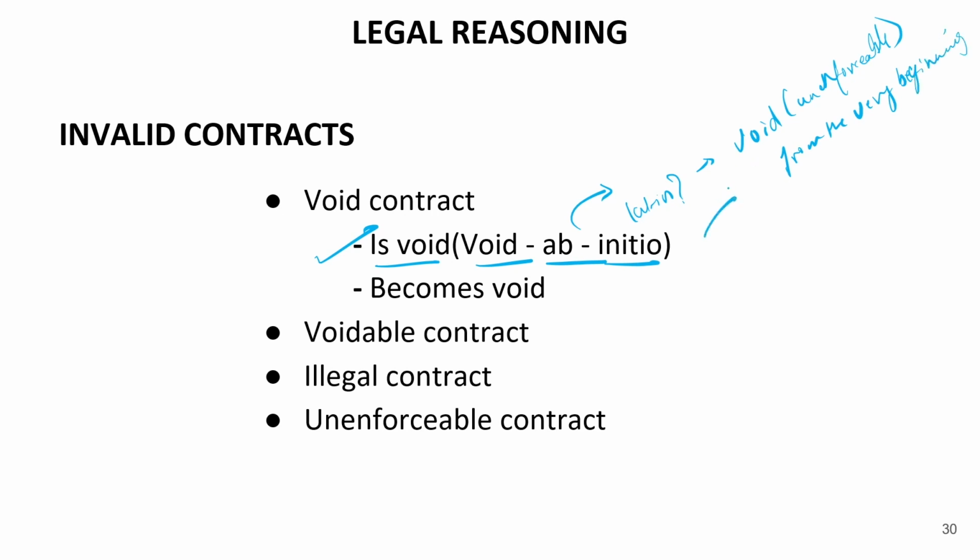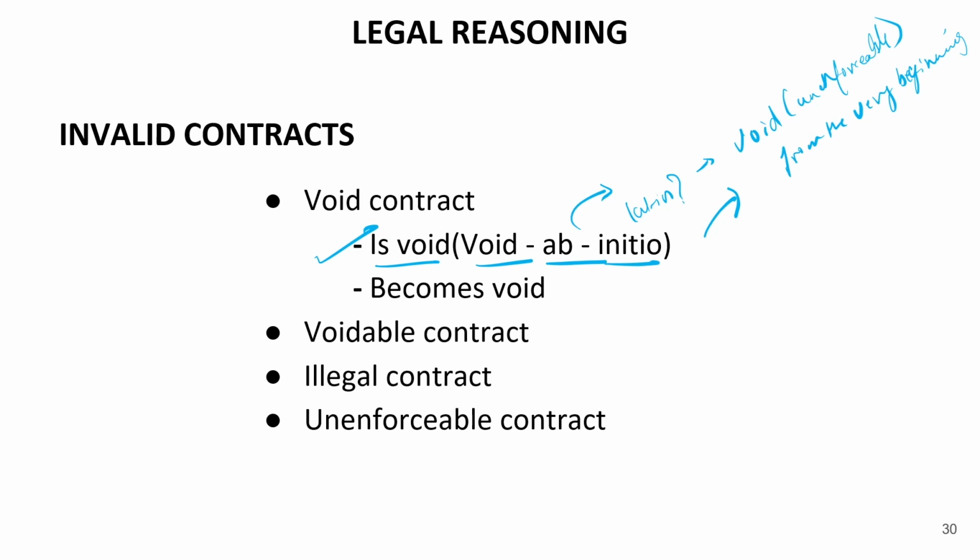So void ab initio means void from the very beginning. It means that there are certain acts mentioned under the Indian Contract Act 1872 which will be considered void if these particular things are present in that act.